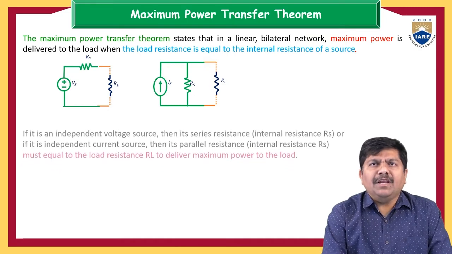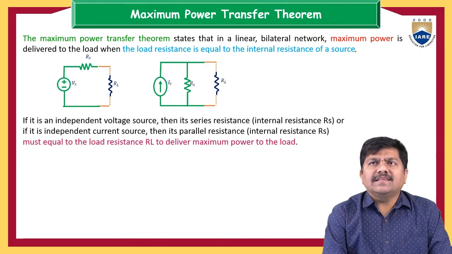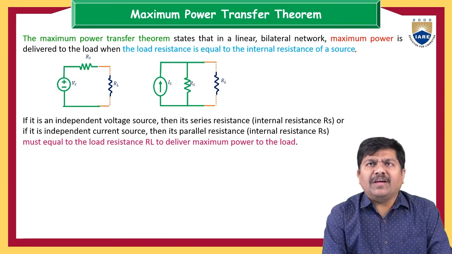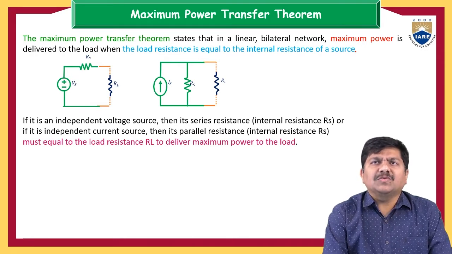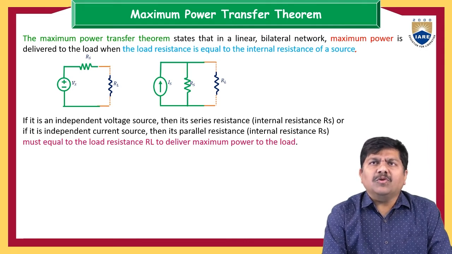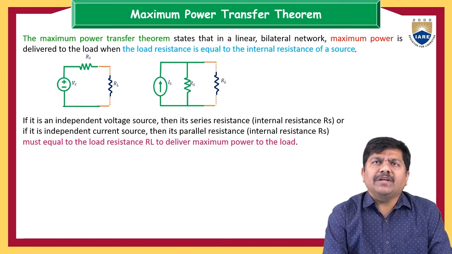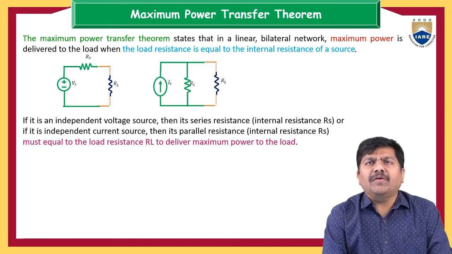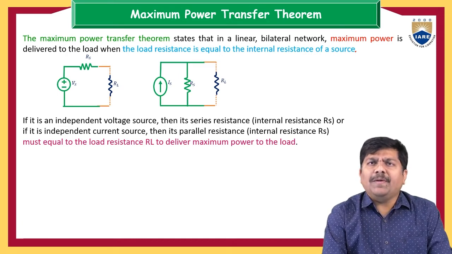If it is an independent voltage source, then it has a series resistance, and if it is an independent current source, then it has a parallel resistance. Whatever the way of connecting the sources, the internal resistance is very important in order for the power transferred to the load to be maximum.